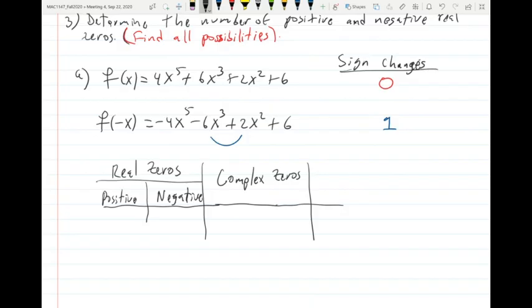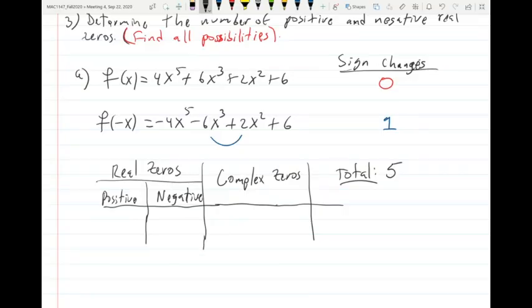So how many zeros are we expecting in total for this problem? Look at the degree of the polynomial. The degree of the polynomial is 5, so we are expecting 5 zeros in total.